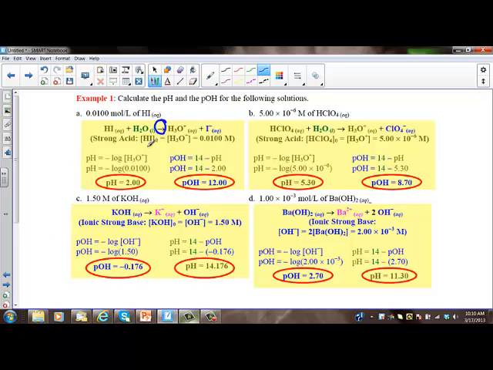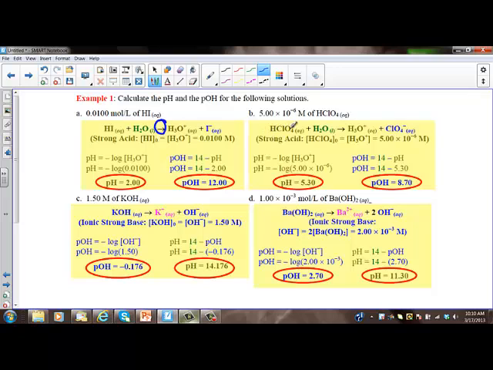So we know that our HI initial is really equal to our H3O+. So pH is equal to the negative log of the hydronium concentration. So negative log of 0.01 gives me a pH of 2. My pOH is simply 14 minus 2, which gives me a pOH of 12.